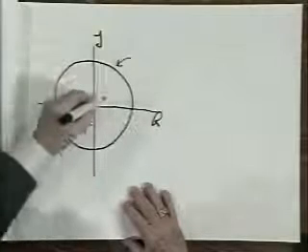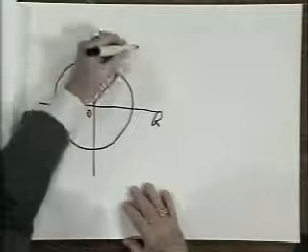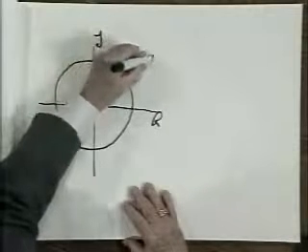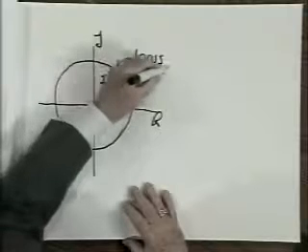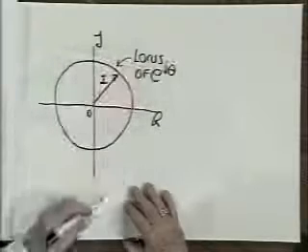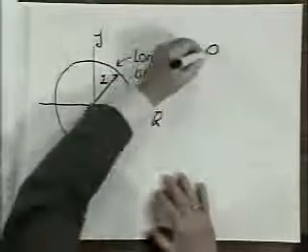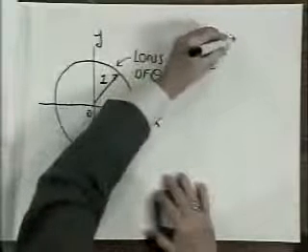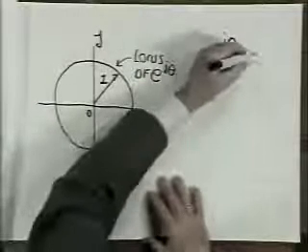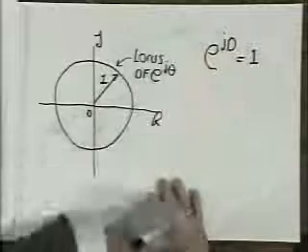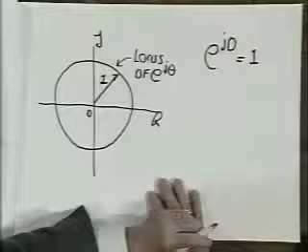So this circle of radius 1 is the locus of e to the j theta as theta varies. Now, e to the j 0, angle of 0, obviously is just equal to plus 1. The vector lies along the real axis and has a value of 1.